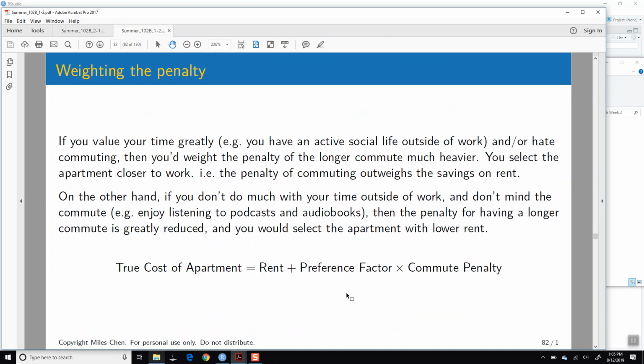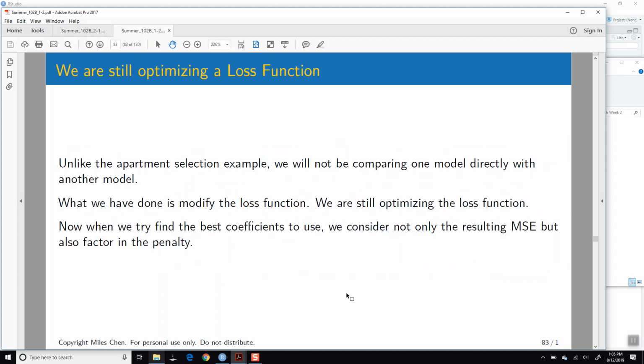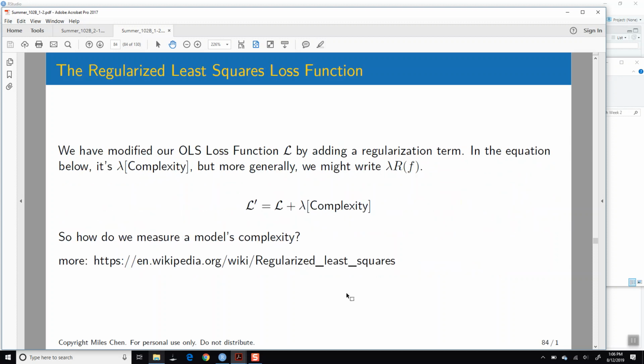We talked about this example where maybe you will prefer to live farther away and have lower rent, or maybe you'll prefer to live closer and pay a higher rent because you hate commuting or something like that. Similarly, when we modify the loss function, we can have different values of lambda and different ways to measure the complexity.